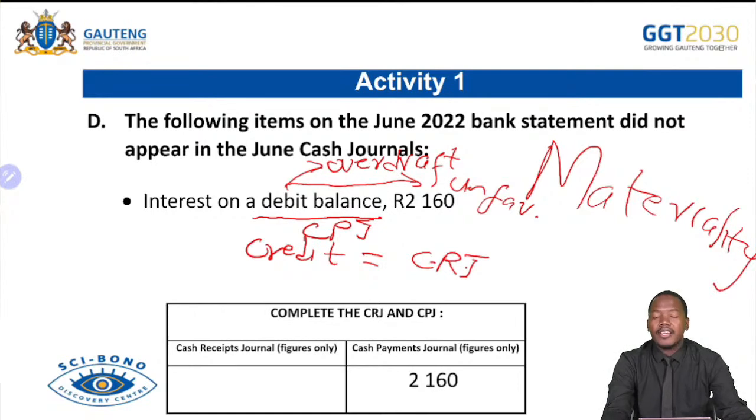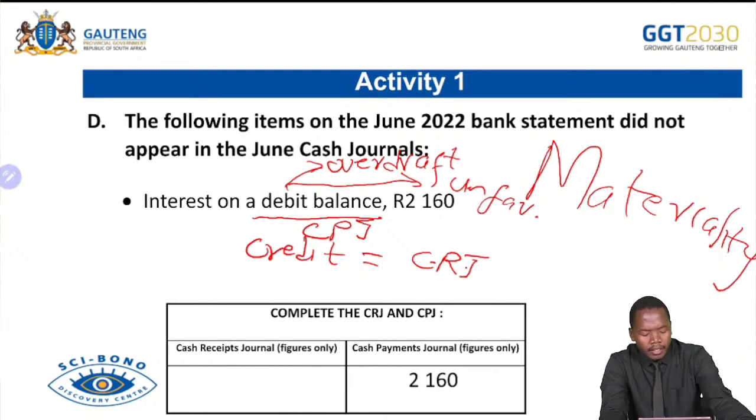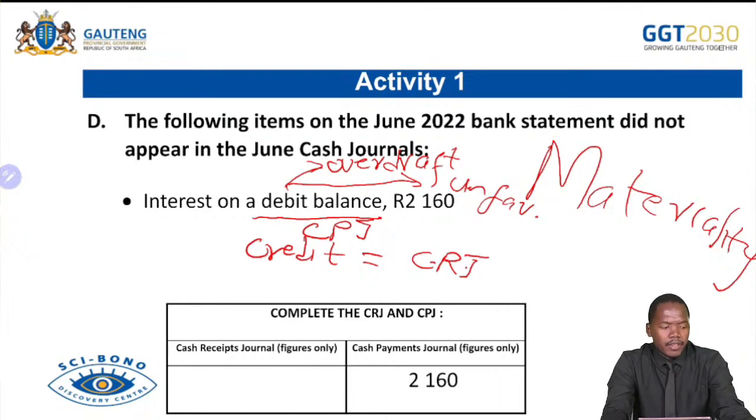If they don't say interest on credit balance, they would say interest on favorable balance, interest on savings, interest on fixed deposit, interest on current account. Right, grade 12, let's move on.